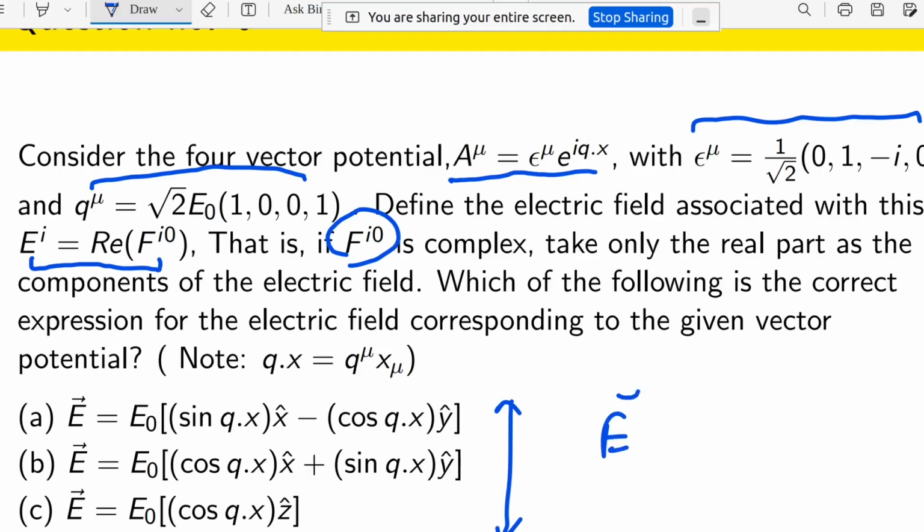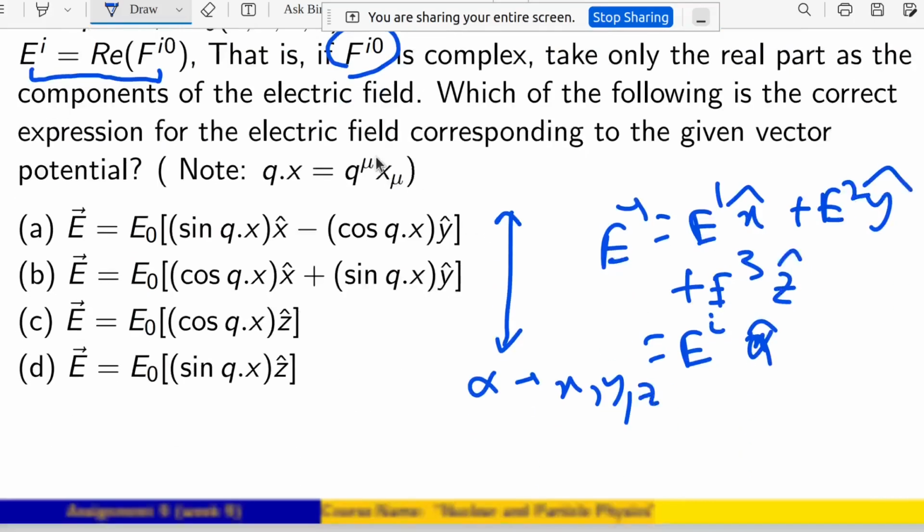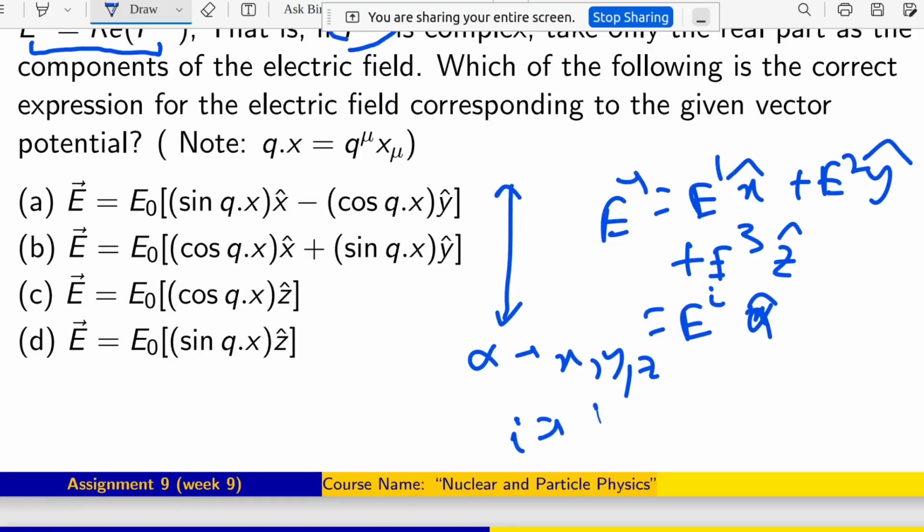You know that the E vector means this one, so I can write it as E i times alpha cap, where alpha goes over x, y, z, and i goes from 1, 2, 3.